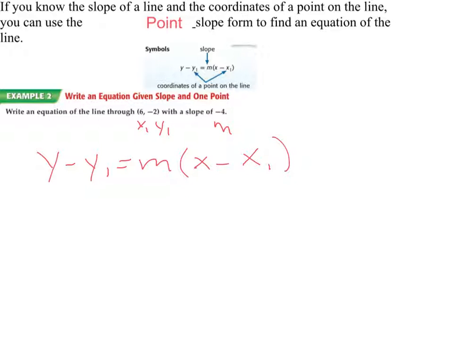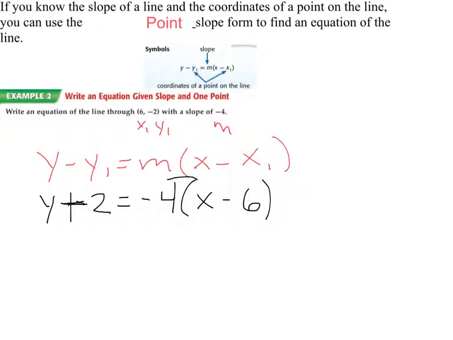So now we're just going to go ahead and fill in the information that we have. Y is always going to stay as it is. Y1 in this case is -2. M is -4. X will always stay as it is. And x1 is 6. Now we can go ahead and simplify. My two negatives are going to make a positive.